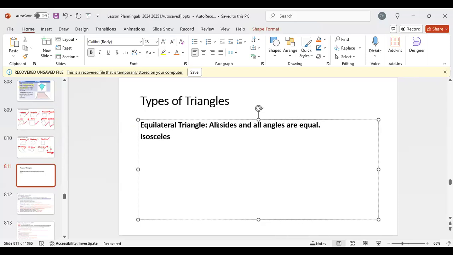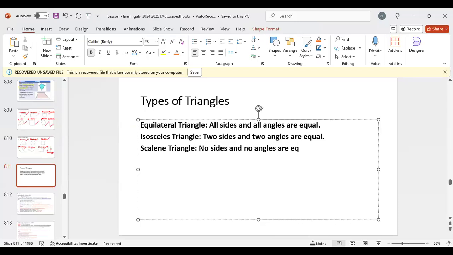Two sides and two angles are equal. And finally, the scalene triangle. What do we know about the scalene? No sides and no angles are equal.